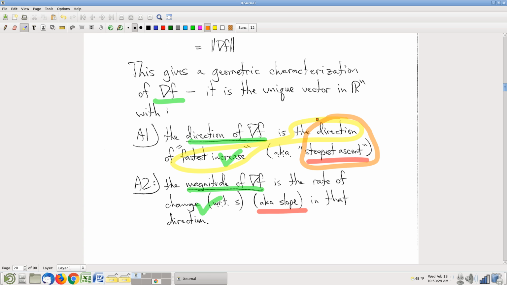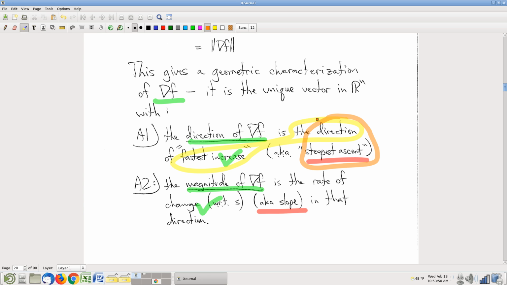That terminology, steepest ascent, makes sense only in the single context of the graph. It's fine, I suppose, but I like to point out, what if you're not thinking about a graph? What if there is no graph to draw because it's four-dimensional?